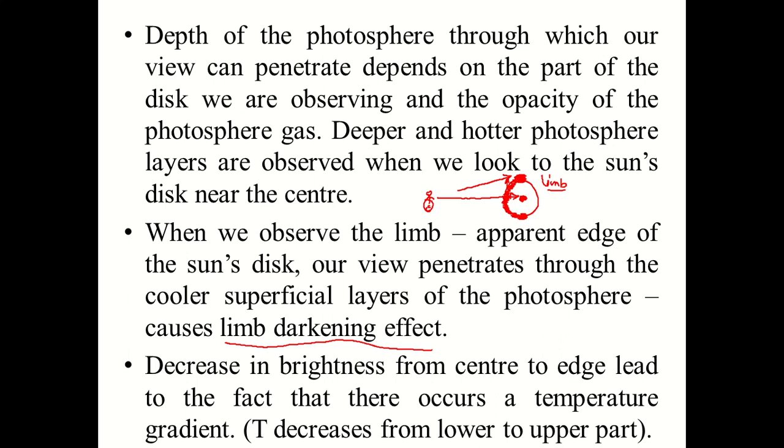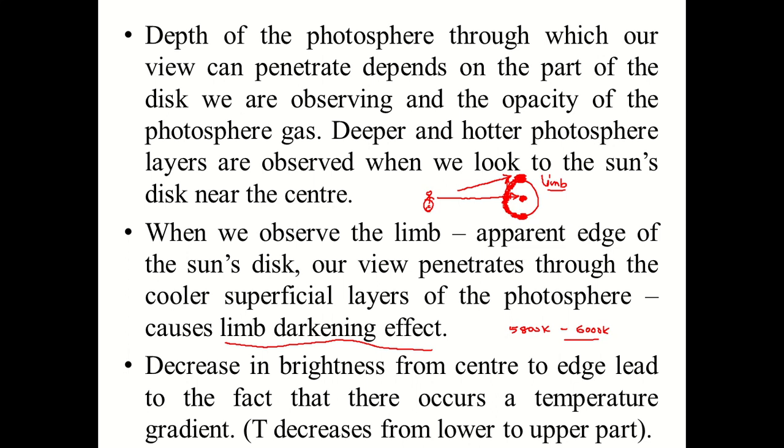So as we move from lower to upper photospheric layers, we see a decrease in brightness, which is called the limb darkening effect. This is due to the temperature gradient in the photosphere. That's why the average temperature of the photospheric layer is around 5800 Kelvin, or some others use 6000 Kelvin.